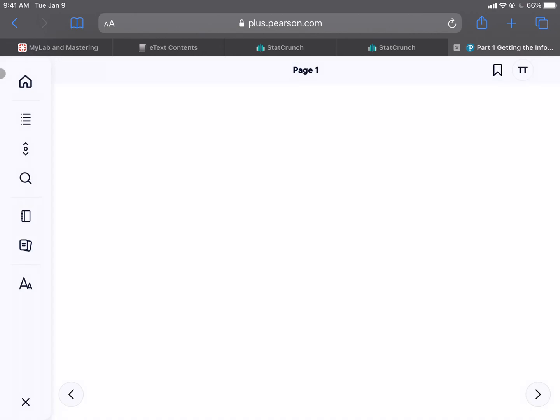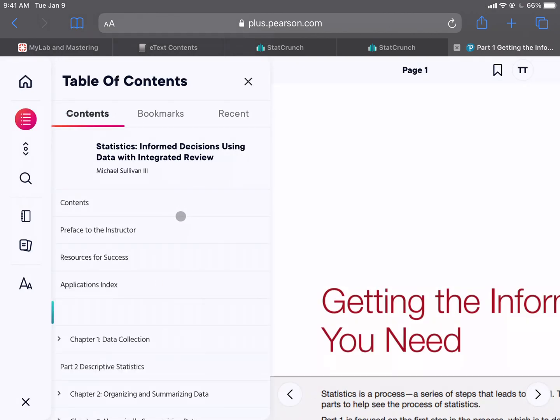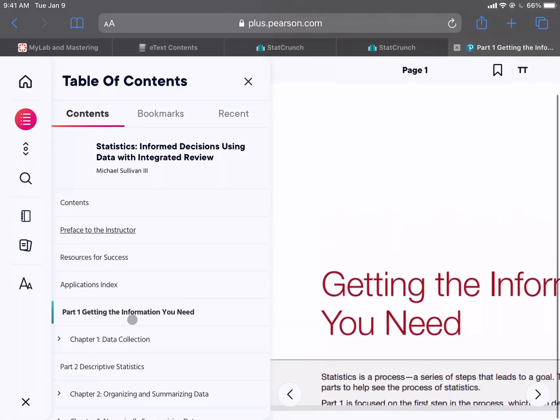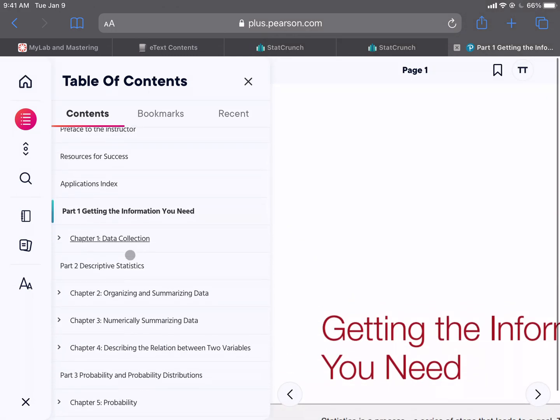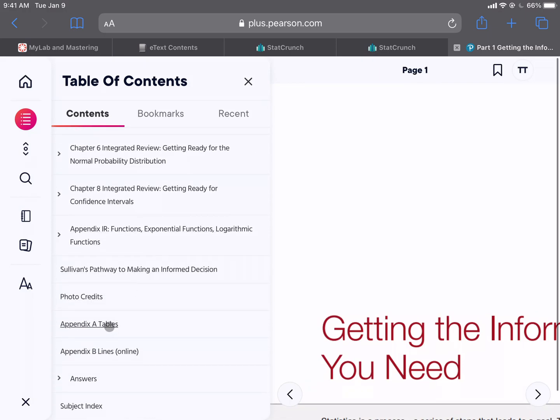The appendix is at the very back of the book. So if I click table of contents, I'm going to go down to the very bottom here. And I'm going to click on Appendix A, which is the tables.